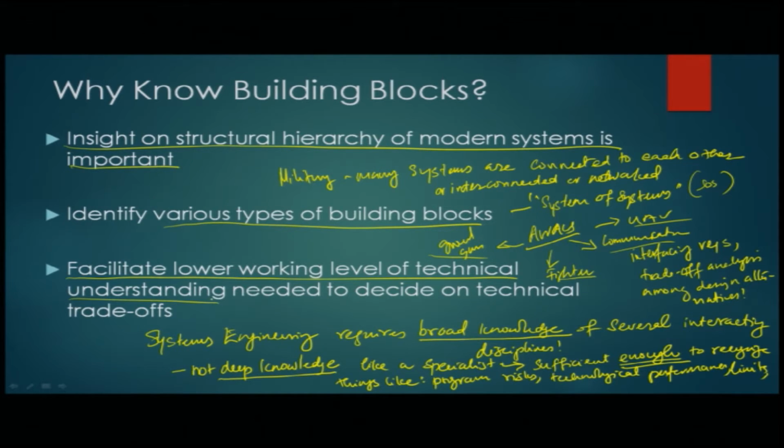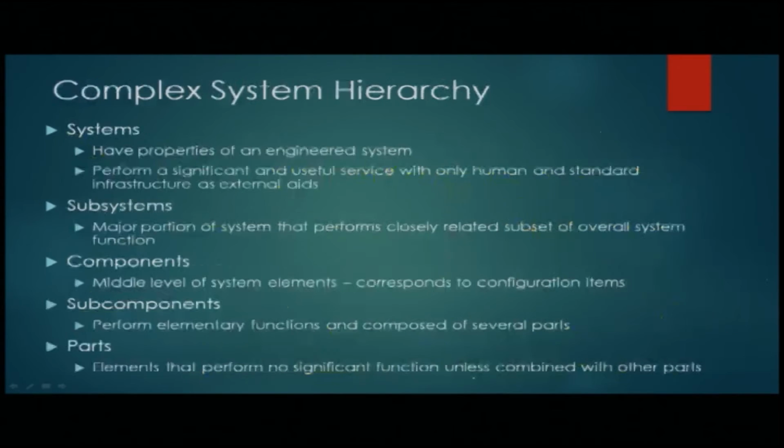So what to choose when you are making a decision requires this working knowledge, the knowledge that is sufficient to make multiple decisions. For that, the systems engineer needs to understand the different building blocks of the system.